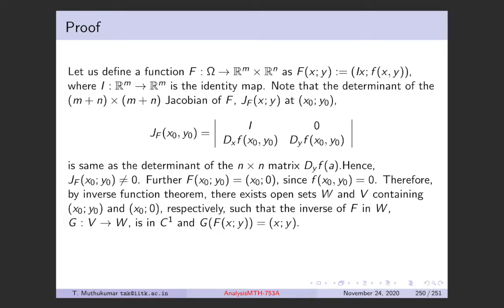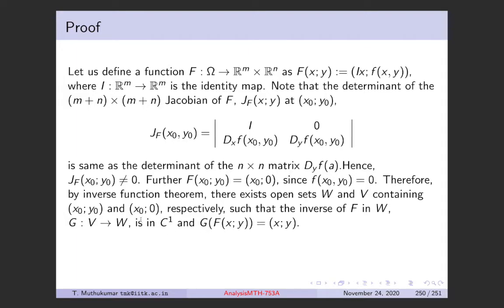So you actually have open sets containing these two points, and let's call that inverse G here. So capital G is the inverse of capital F, which is from V to W, and we had shown in the theorem that it's actually continuously differentiable. So G of F of x comma y is x comma y, right? Because they are inverse to each other. This is by the inverse function theorem.